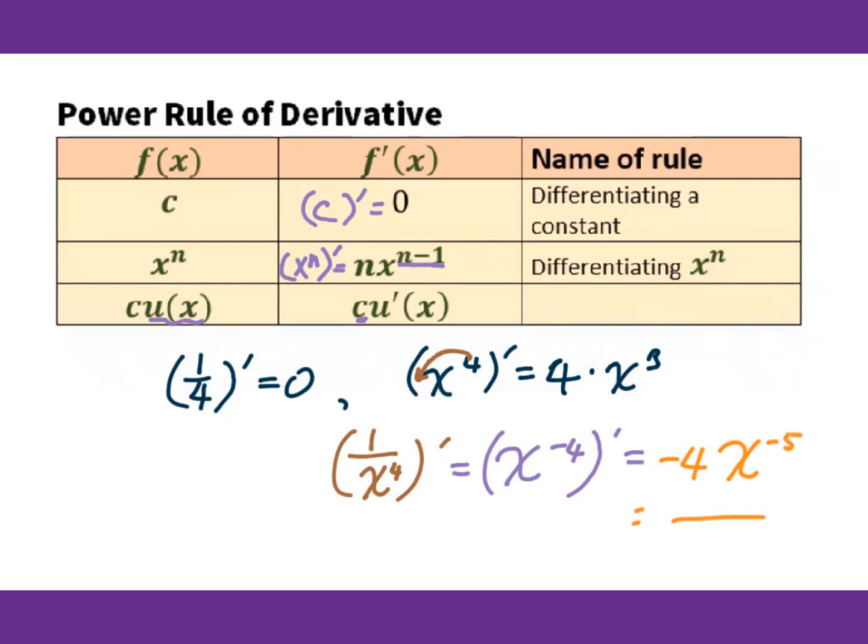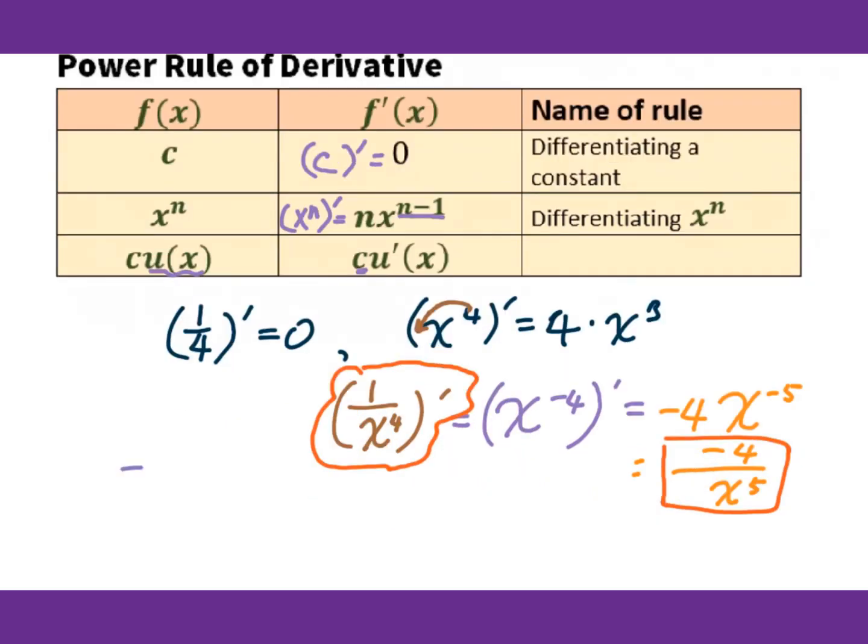Therefore x to the negative 5th power, we will get x to the 5th power with negative 4 on the top. This will be the derivative of 1 over x to the 4th power.